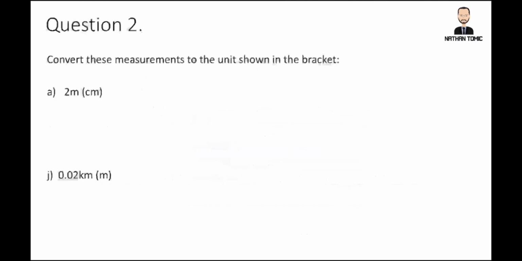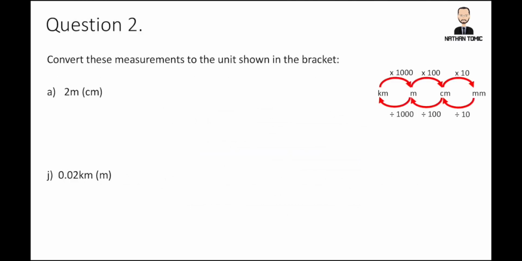So it might help to have our little graphic to represent how we convert. So let's throw that up here. So we can see if we want to go from meters to centimeters, we're going to multiply by 100. Now, hopefully you've already done some work on how to multiply by powers of 10.